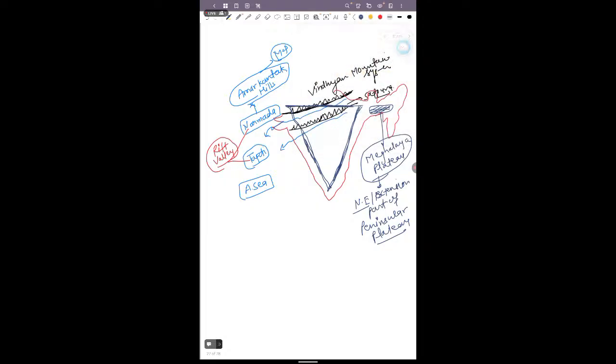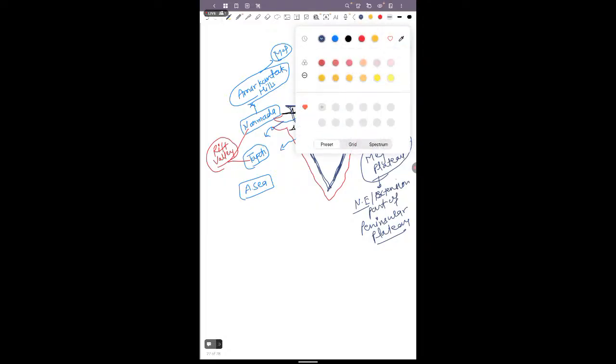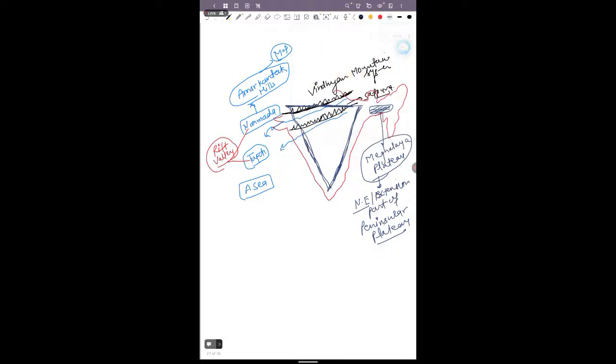But here, between the Meghalaya Plateau and the rest of the Peninsular Plateau, there is a gap, and this gap is known as the Malda or Garo Rajmahal gap.